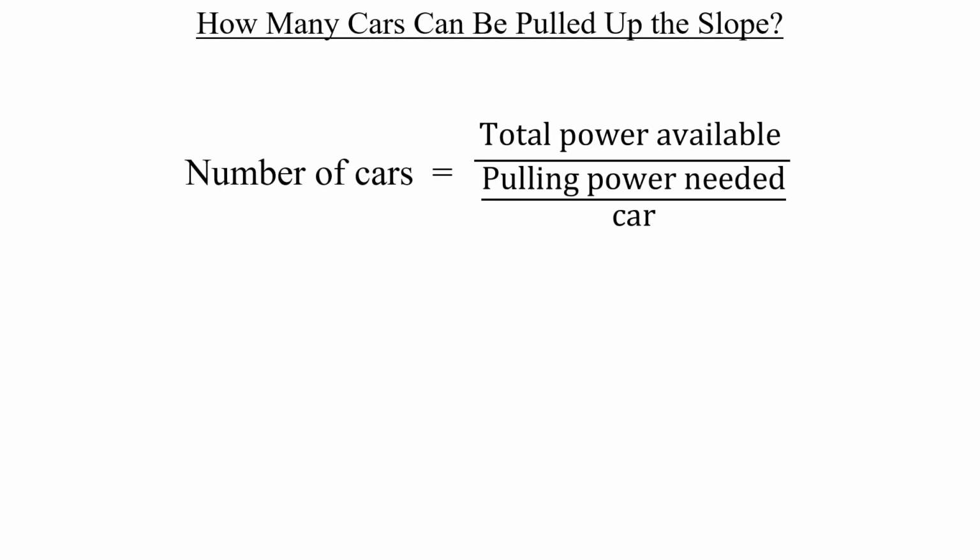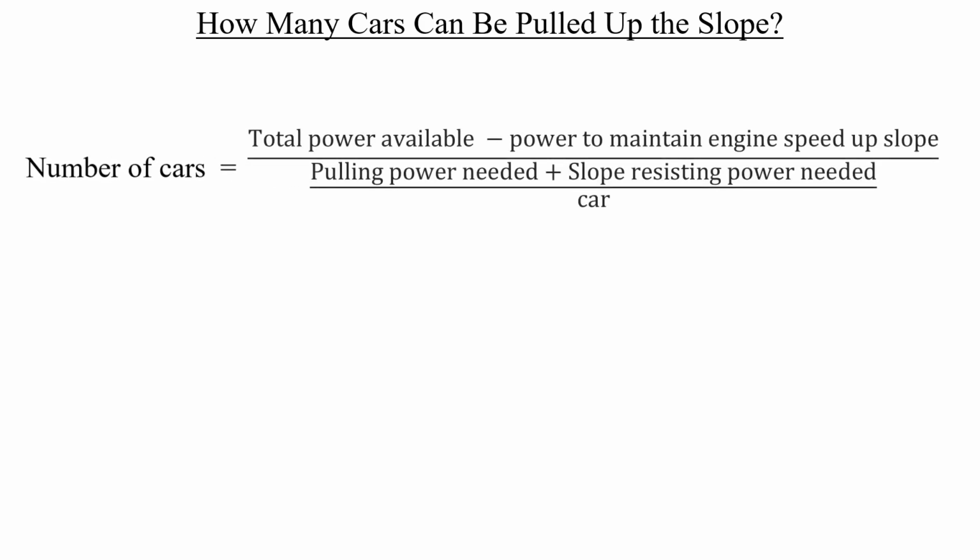In the first part, when everything was moving horizontally, we had the following equation to solve for the number of cars that the train could pull. But now there's this slope involved, so we'll have to modify this expression. In the numerator, some of the power is lost by keeping the engine at a constant speed up the slope.